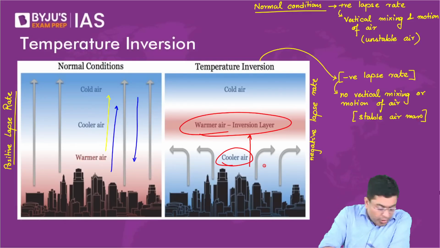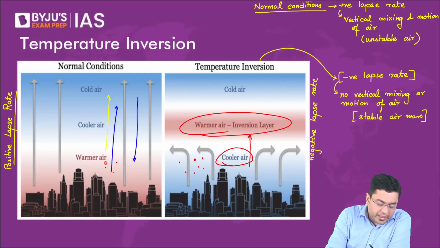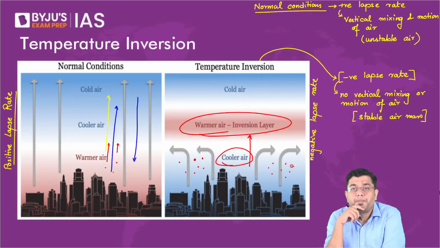So let's suppose there are a lot of pollutants which have been produced here. Now, in the earlier days, the pollutants would get distributed and dissipated because as the warm air would rise up, the pollutants would also rise up. But here, there is no mixing. So what about the pollutants?